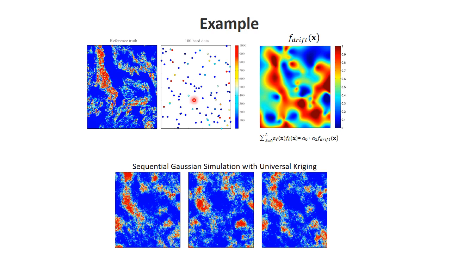Then instead of putting the kriging estimate there, I construct a Gaussian distribution with that mean and variance, and I draw from it. Then I move to another point until the grid is entirely full, and then I have a single simulation. To get another simulation, you repeat the exact same way, except you start somewhere else, and then you have a different random path, which gives you different simulations.